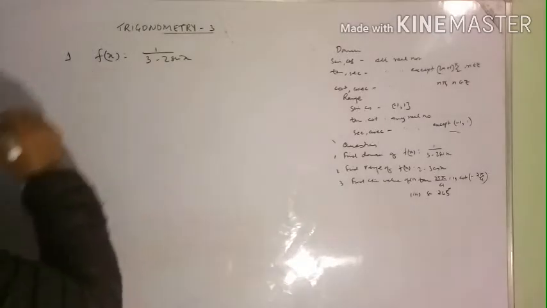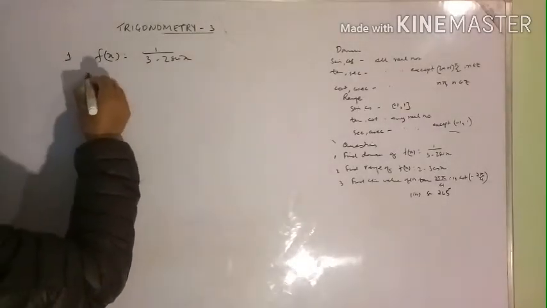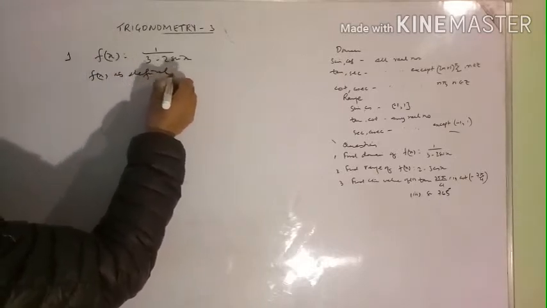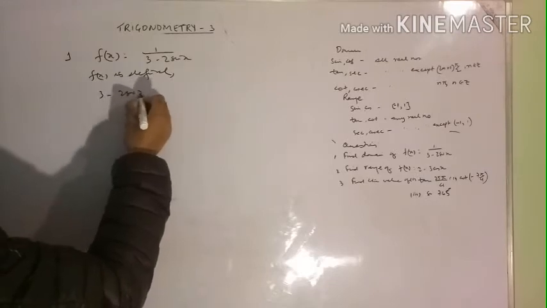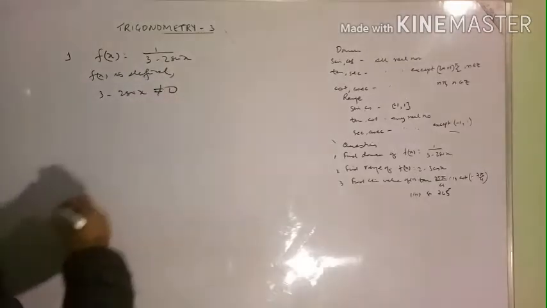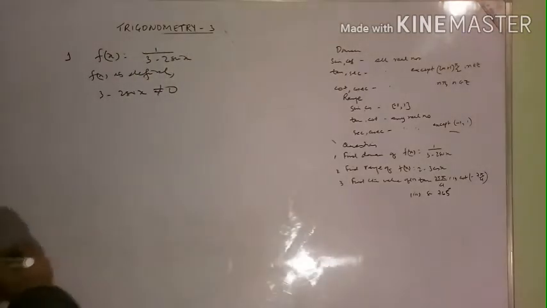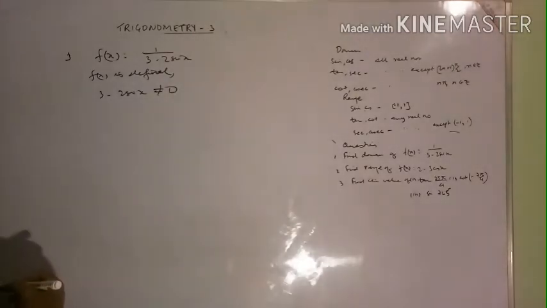Since f of x is defined, this 3 minus 2 sine x should not be equal to 0, because if this is equal to 0, then the function is not defined, so x cannot take that value.